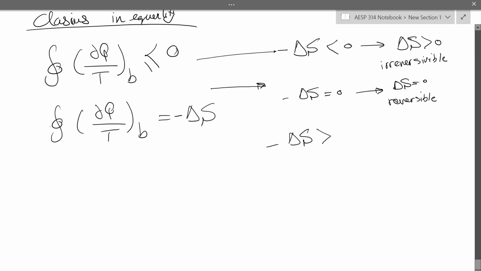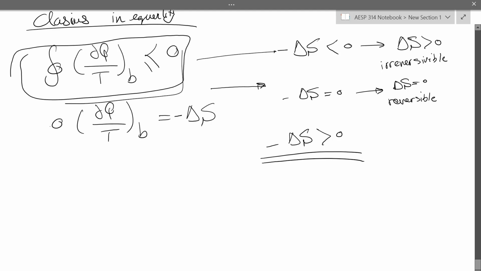But can we have this? Based on this inequality, we can't have negative delta S larger than 0, because then this inequality won't be true anymore, right? This essentially means that entropy is destroyed, right?